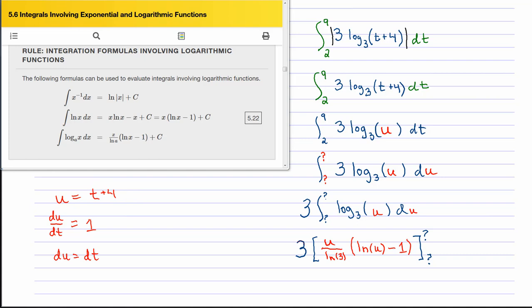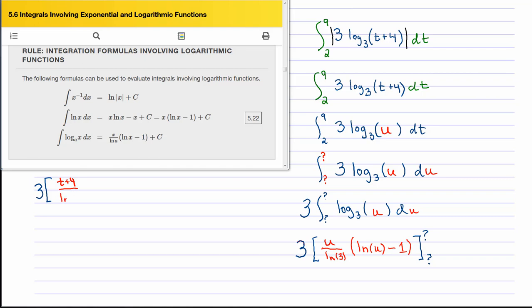So all right, let me see here. I will erase this because it's taking up room that I need. So what we've got is 3 times, okay, we said that u was equal to t plus 4. So wherever I see a u, I'm going to write t plus 4.